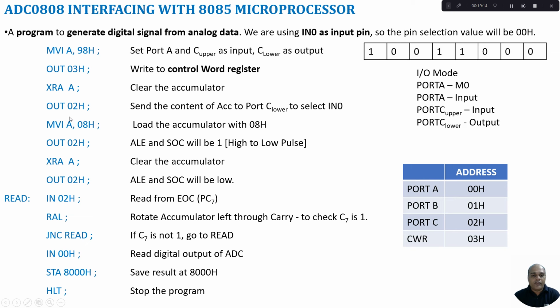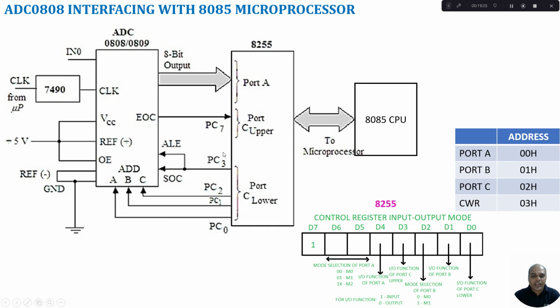Next, we are going to send 8 to the accumulator. 8 in the sense 4 zeros and then 1 0 0 0. Which means the C3 bit we are setting to 1, which means we are saying start the conversion process.